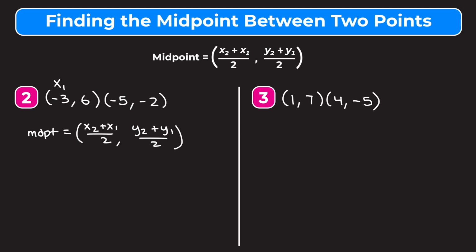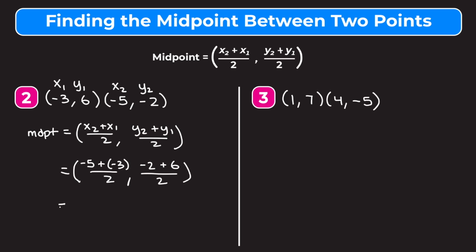So I'm going to say the first point is x1, y1. The second point is x2, y2. And now we're just going to plug in our values into this formula. So we're going to replace x2 with the x coordinate of the second point, add that to the x coordinate of the first point, divide that by 2, replace y2 with the y coordinate of the second point, add that to the y coordinate of the first point, and divide that by 2.